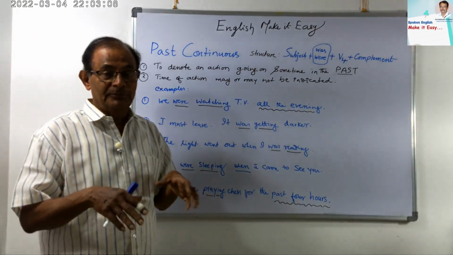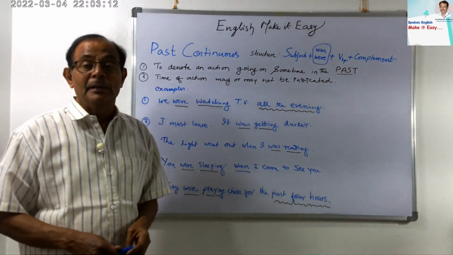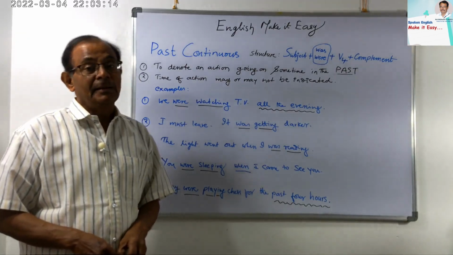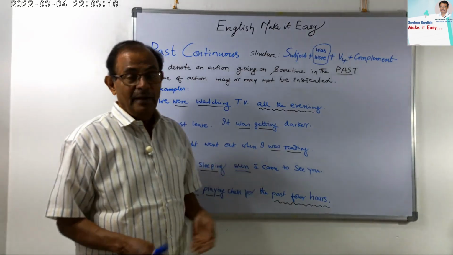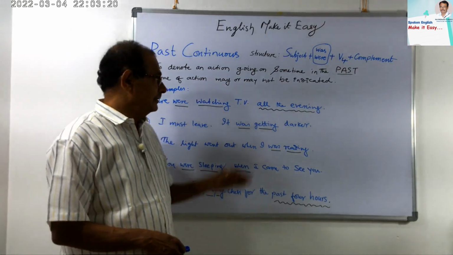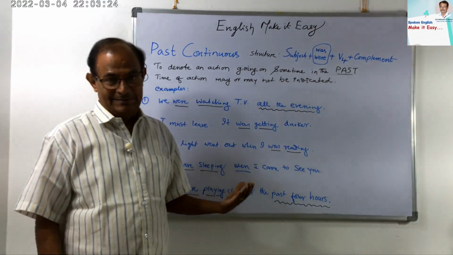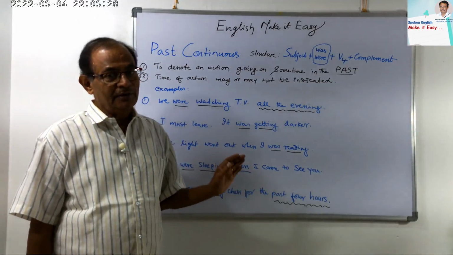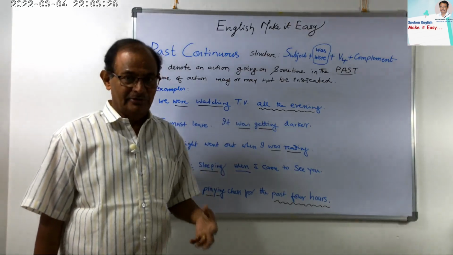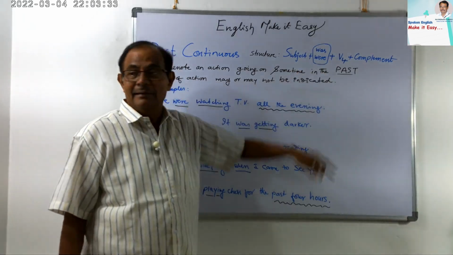So to all verbs you add the ing form, you get a V4 form or progressive form or present participle form of the verb, and add your convenient complement. That's all. So you get wonderful sentences with the past continuous. Okay, and the only difference between present continuous and past continuous is the auxiliaries, were and was.